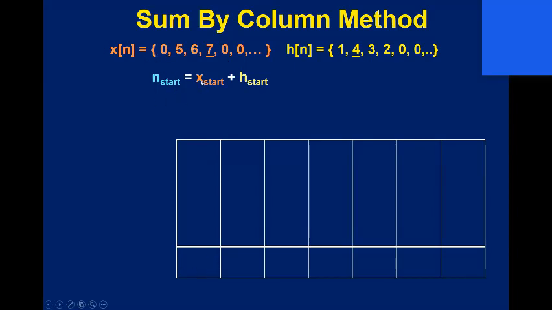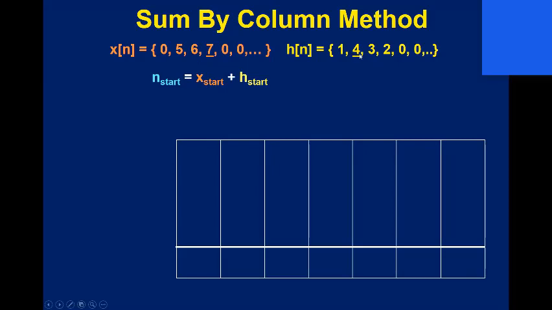What I need to do is find my starting index for the answer based on the starting index of the input signal and the starting index of the unit sample response. What do we mean by that? So here's our x of n that we said has index 0 here at sample value 7. The signal is 0 until we get to this 5. Well, that 5 is at index 0, -1, -2. So the starting index for x, meaning where the non-zero part starts, is n equals -2.